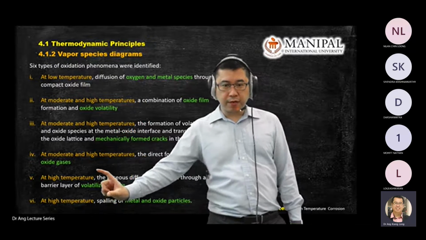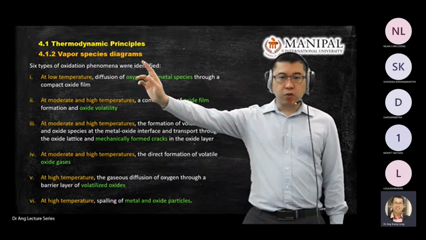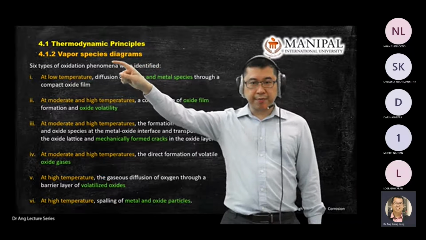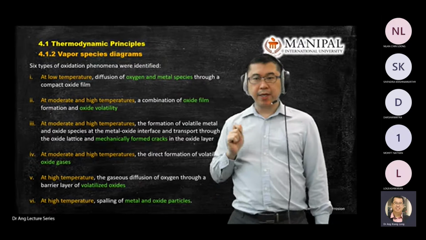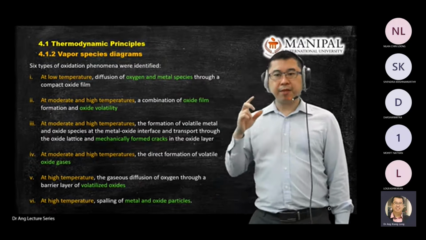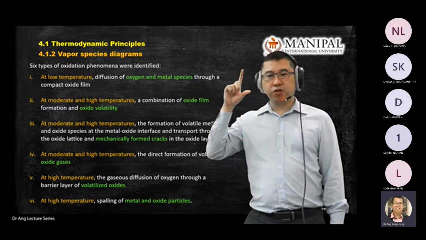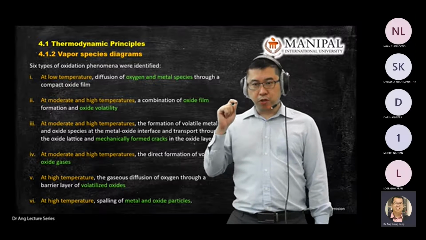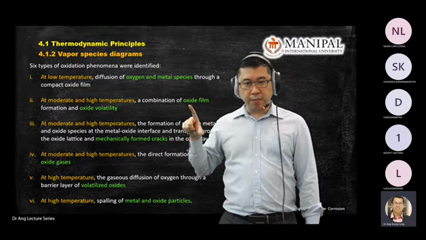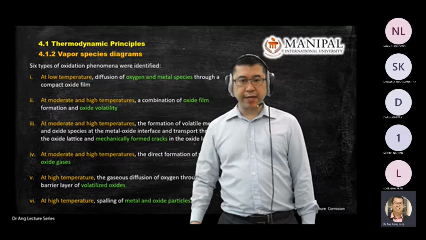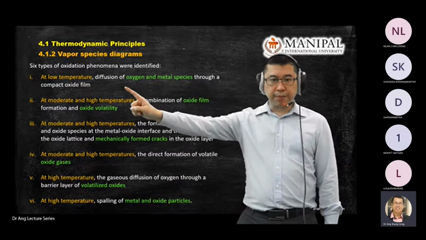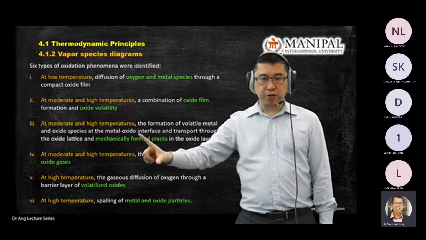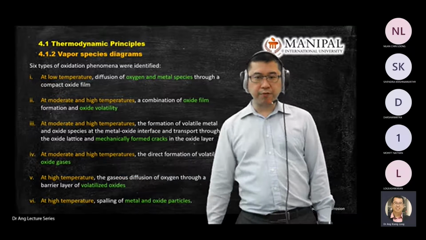The next one will be high temperature. So though there are 6 types of oxidation phenomena, you can explain them using 3 temperature zones: low temperature, moderate, and high. Okay, low temperature you have 1, moderate you have 3, high temperature you have 2.